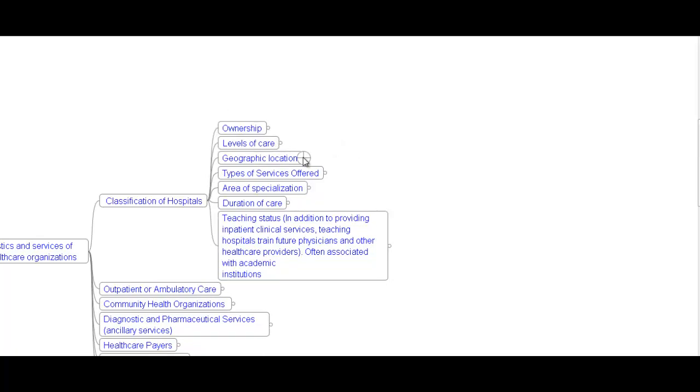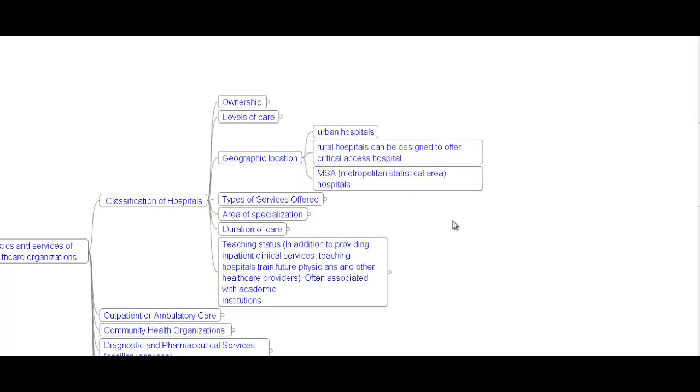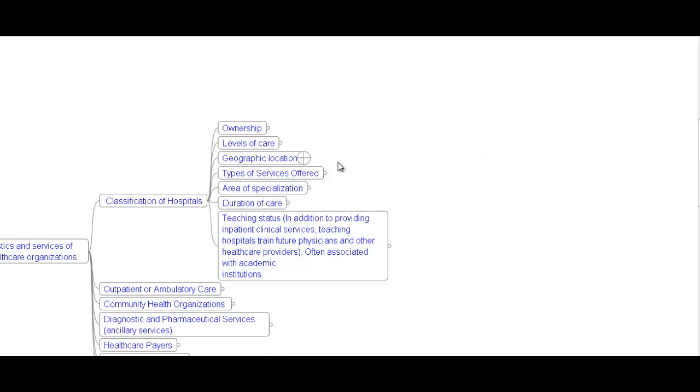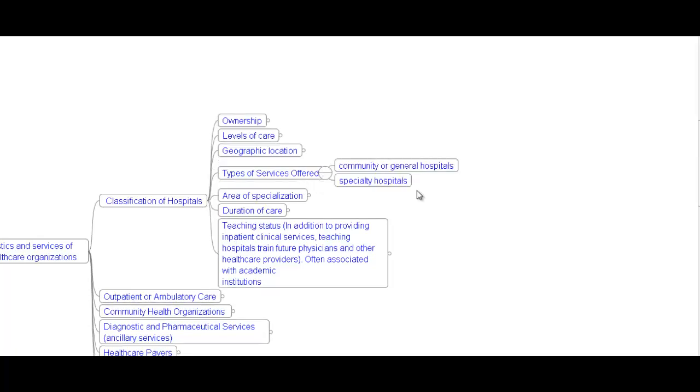A hospital can be classified based on geographical location: urban hospital or rural hospital. Rural hospitals can be designated as critical access hospitals and metropolitan statistical area hospitals. A hospital can be classified based on type of services offered: community or general hospitals, or specialty hospitals, like heart and orthopedic hospitals.